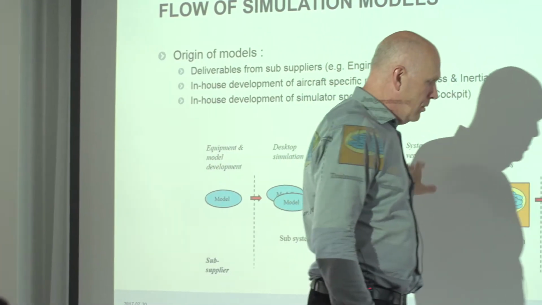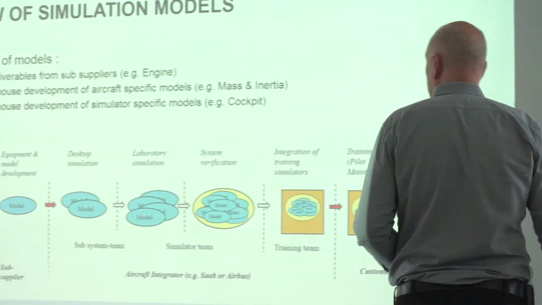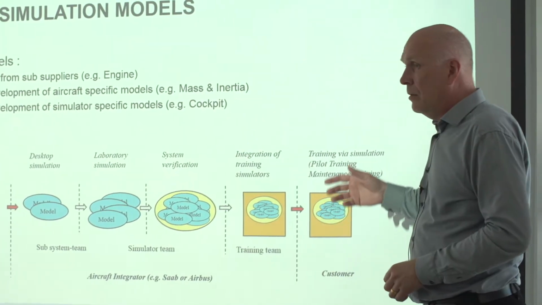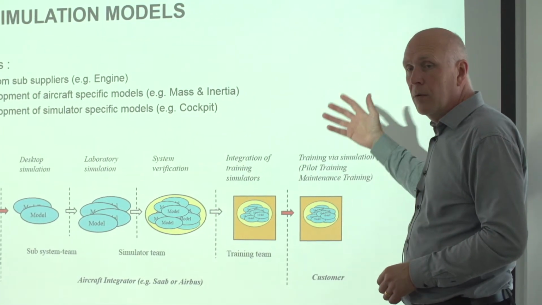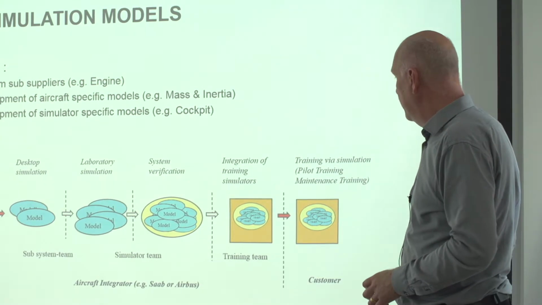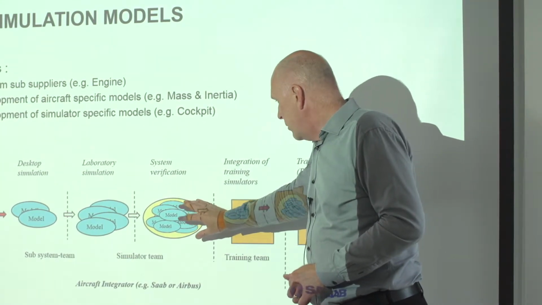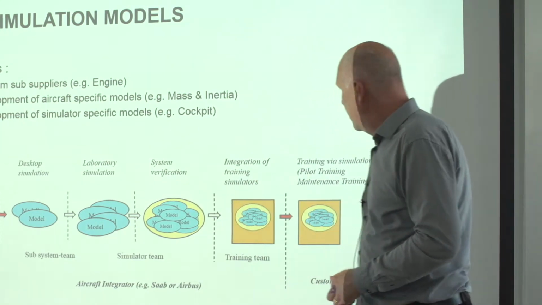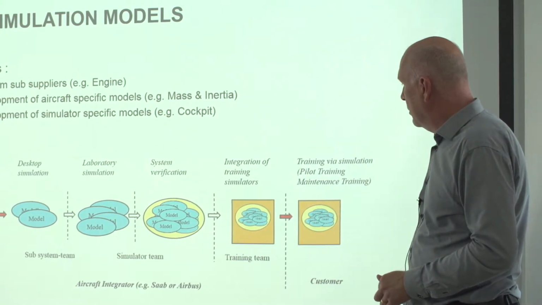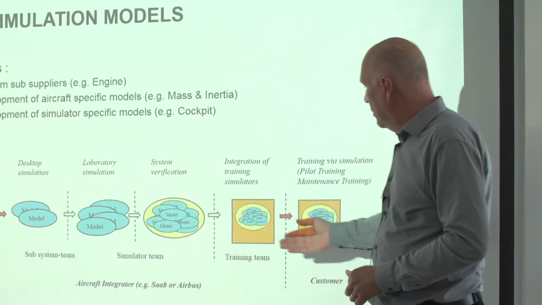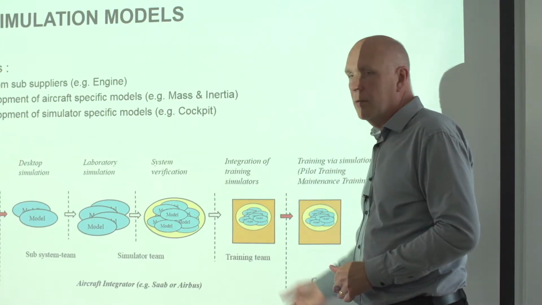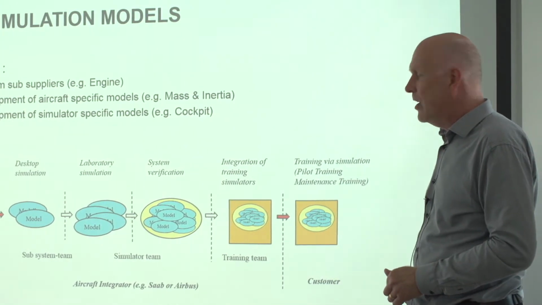And then we integrate all the models. So we had all aircraft integrated, and then we get to the pictures in the beginning where we had the whole aircraft itself. And then take maybe all of them or a subset of those and integrate in a training simulator. And here we do training for teams, as I told you, engineering training.